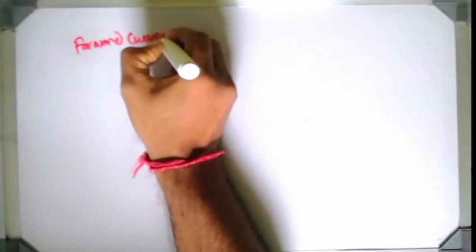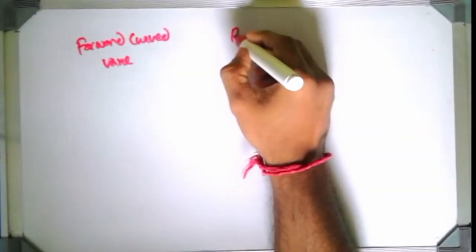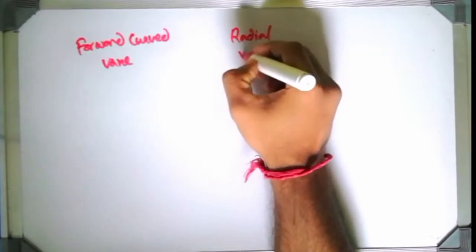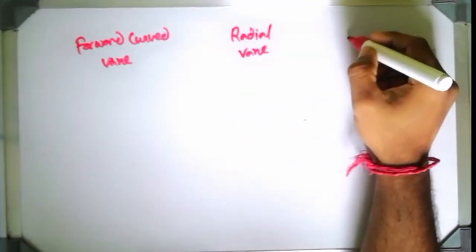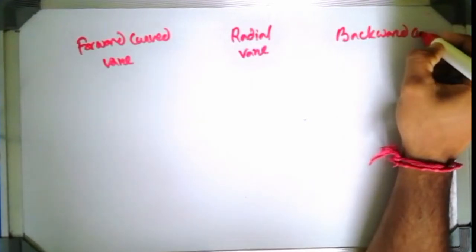Now first of all we see how the forward curved vane, radial vane and backward curved vane are important over here.